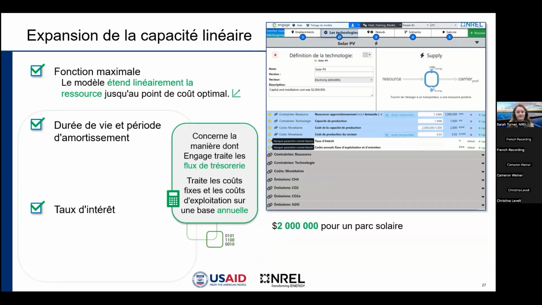What does this mean? Well, let's go back to our solar system example. In our previous training session, we discussed how Engage could represent the fixed cost of a $2 million solar system through its production capacity cost parameter, where every kilowatt of the 1 megawatt solar system equates to $2 million.